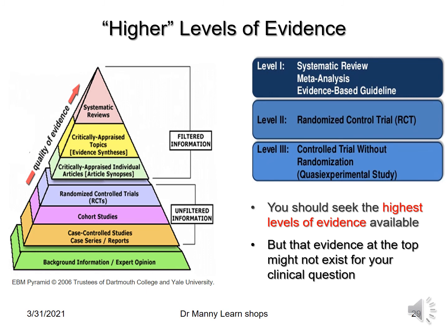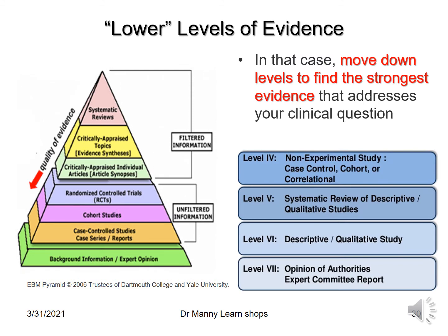So you're going to have to be flexible and think of other levels. You may not always be able to get, for example, a systematic review. Then you've got lower levels of evidence. If you can't find what you want to answer your question in the higher levels, you're going to have to move down, and you move down until you find the strongest evidence that addresses your clinical question.